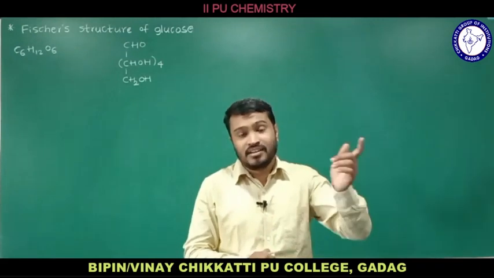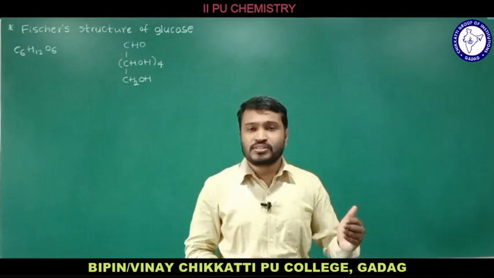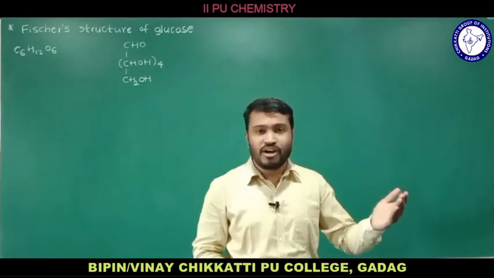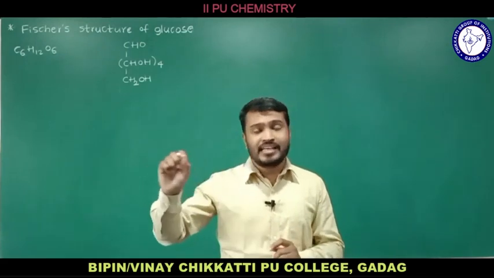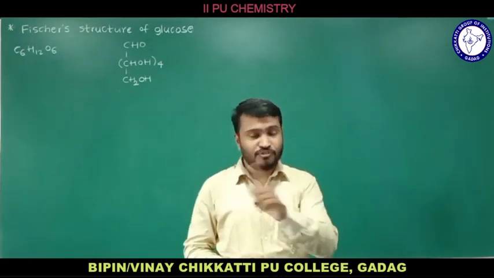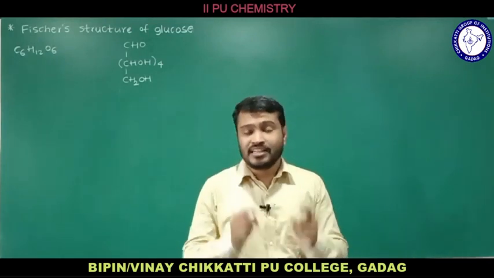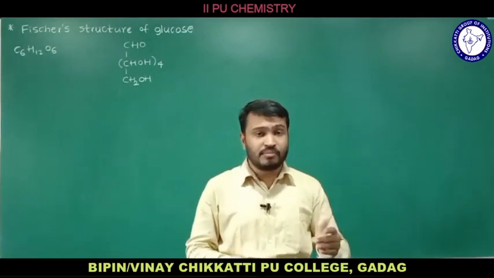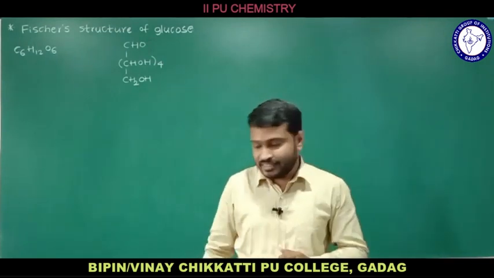What is the experimental proof for that? When glucose is heated in the presence of hydrogen iodide and red phosphorus, we get n-hexane as the product. Because of this, we can say that glucose contains 6 carbon atoms in a straight chain. That is the conclusion drawn from the reaction that I discussed.